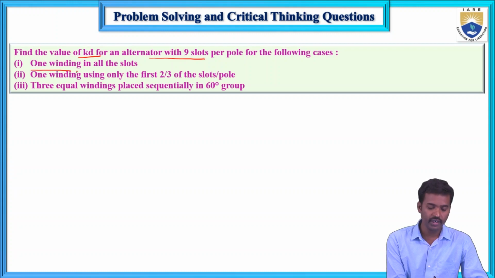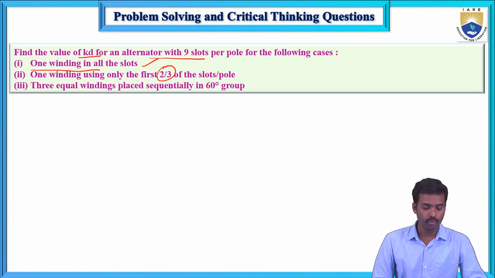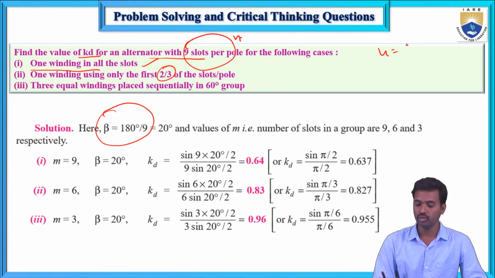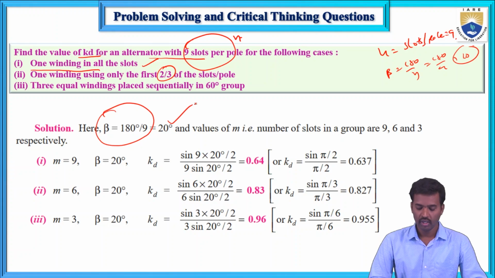Now next problem: find the value of KD of an alternator with 9 slots per pole for the following cases. One winding in all the slots, one winding using only the first 2 by 3 of the slots per pole, and 3 equal windings placed sequentially in a 60 degree group. Here n equals slots per pole, which is 9, so beta equals 180 by n, 180 by 9, which equals 20.